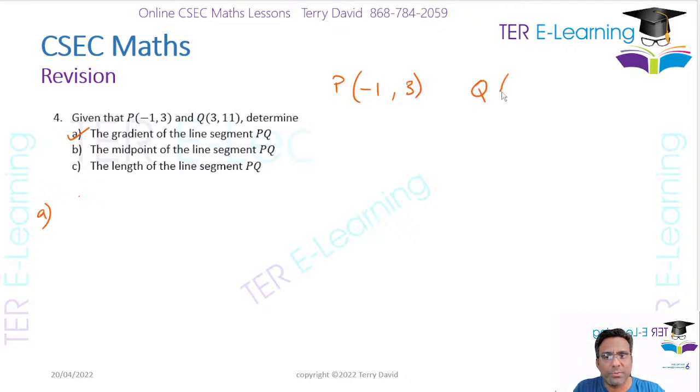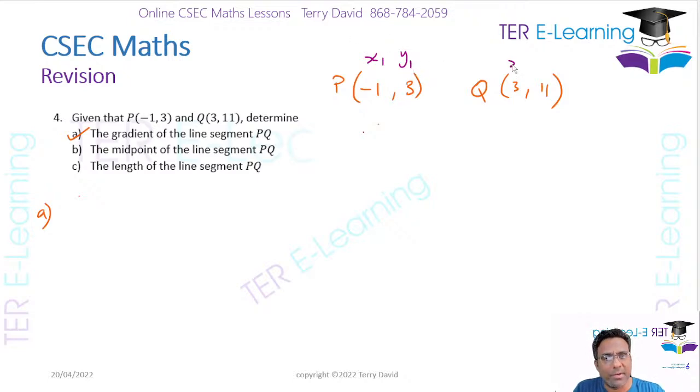So this is Q, which is 3, 11. Now what I normally tell students to do is label your coordinates. So I'm going to call this x1, and I'm going to call this y1.